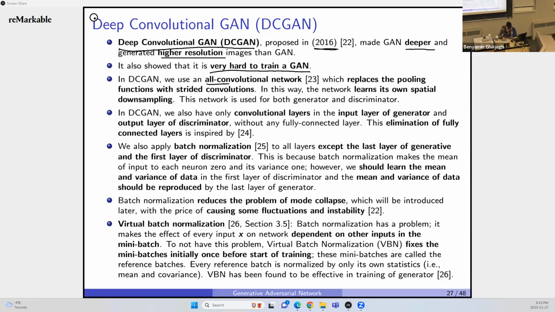They used an all convolutional network, so they didn't use any fully connected layer. They replaced pooling functions with strided convolutions. Even the pooling was replaced by convolution. It has some justification. They say it learns its own spatial downsampling. Okay, for this specific input, I need to downsample in this way.